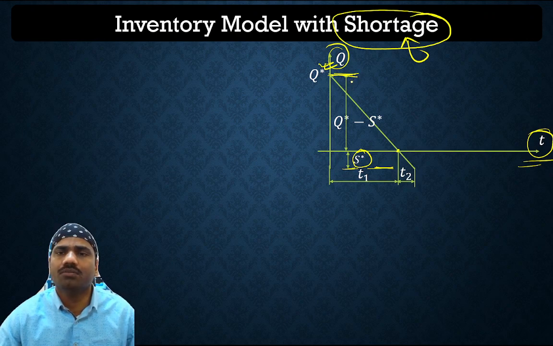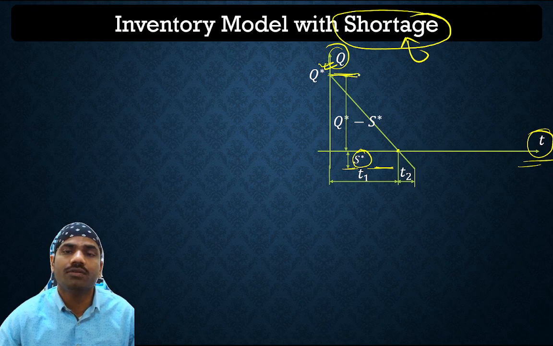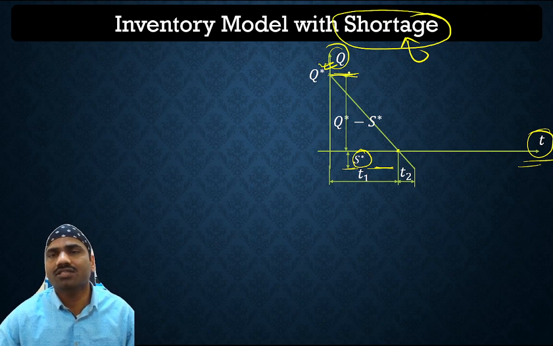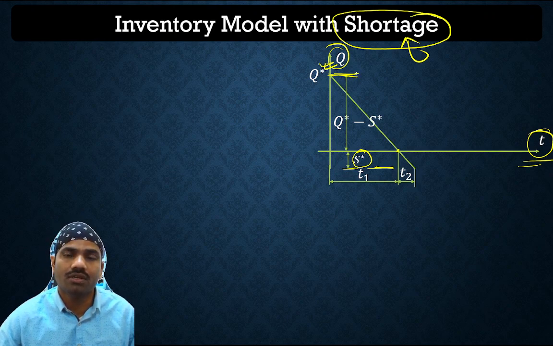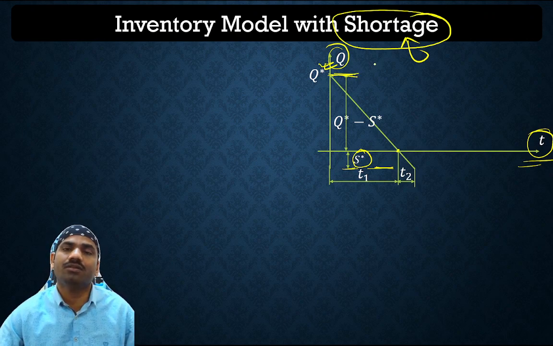There is a demand, but you don't have any quantity, so the customer will be turned away. If you were able to sell some quantity to that customer, you would have some profit, but because that customer is turned away, there may be a chance that the customer will not come in the future, so it also gives a loss in other terms.